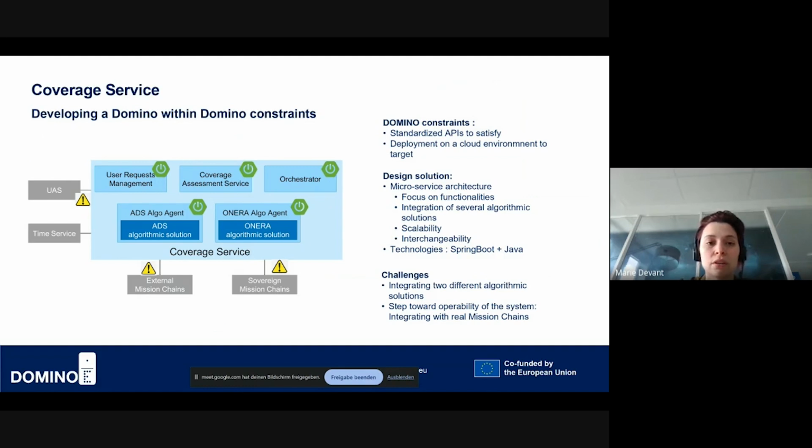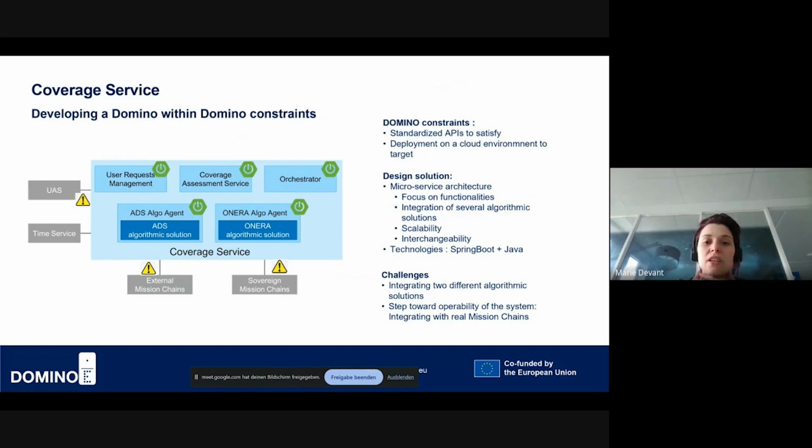So to build our cover service, we have taken into account the Domino constraints, which are the standardized API, and the external systems, which are the UAS for user access service, and also external mission chains and sovereign mission chains. So we have built an application that satisfies the API that have been defined to interact with those external systems.